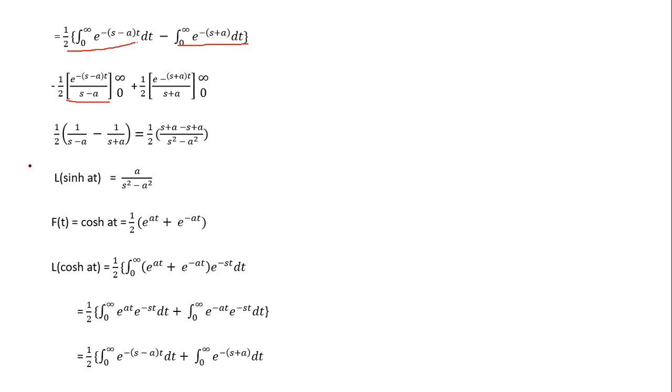Therefore, simplifying further, we have a over s squared minus a squared, because the 2 over 2 cancels. So the Laplace of sinh at is a over s squared minus a squared.